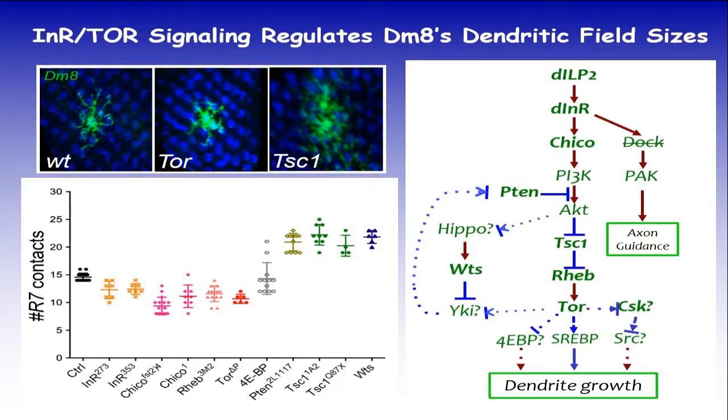This actually goes through a pathway for axonal guidance through regulation of the actin cytoskeleton, and Chico goes through the classical pathway through PI3 kinase all the way to Tor, the target of rapamycin.